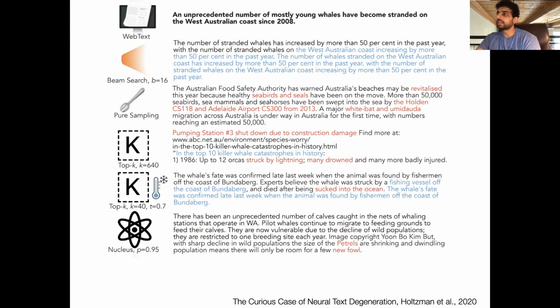How would this generalize to different kinds of text, say fiction or scientific papers? In scientific writing or any writing where you need to produce facts, you probably want to be a little more strict on any sampling strategy that you're using. If I'm doing pure sampling, I'm likely to produce a lot of incoherent or nonsensical facts, like this airport and this random number, Holden CS118.